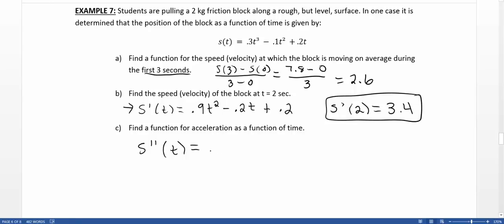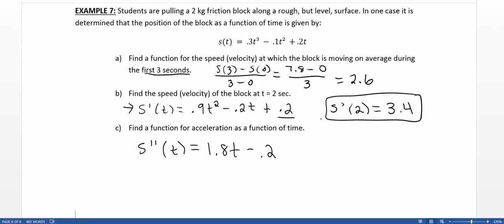So the 2 will come down and multiply the 0.9, giving me 1.8t. Now here we have minus 0.2t, so the derivative is minus 0.2, and then the derivative of the 0.2 that's by itself is just 0 because that's a constant. So now we have a function for the acceleration.